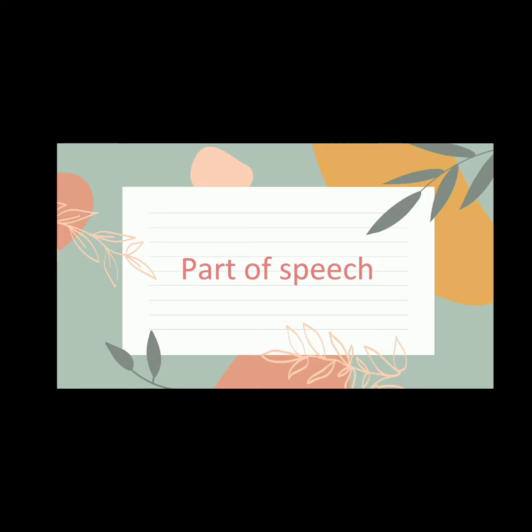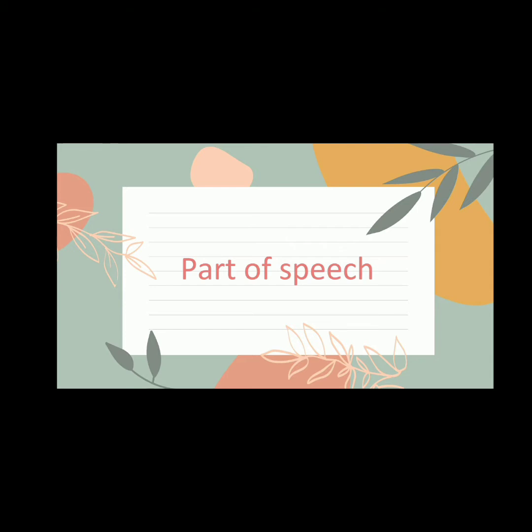Part of speech is a classification of words, categories based on their role and function in the structure of the English language. Every sentence you write or say in English consists of several words which are included in the 8 parts of speech.